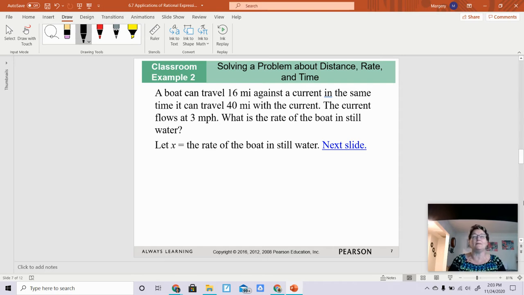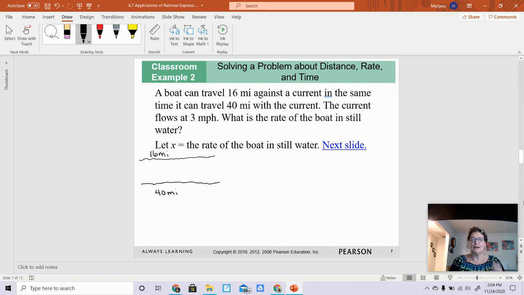So first of all, let's start with the boat can travel 16 miles against the current in the same time that it can travel 40 miles with the current. So I'm just going to draw a little picture. The first one is going to be 16 miles, and this one here is going to be 40 miles.